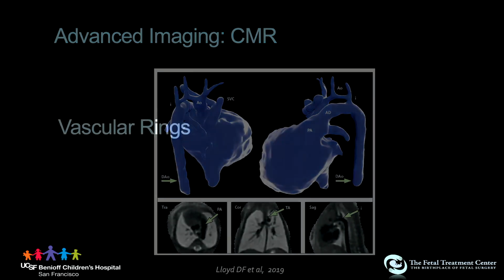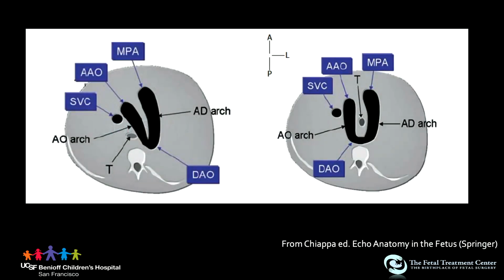Okay, so vascular rings is the next group of lesions to talk about. And Michelle talked about this as well this morning. I think the big thing with the vascular rings is, where is the aortic arch? The three-vessel trachea view is incredibly useful to determine your arch-sidedness, as we've been discussing.